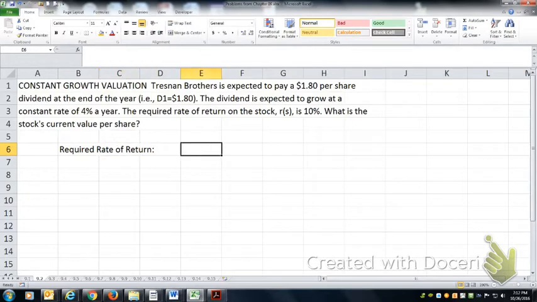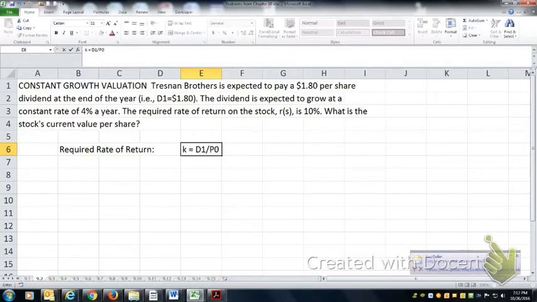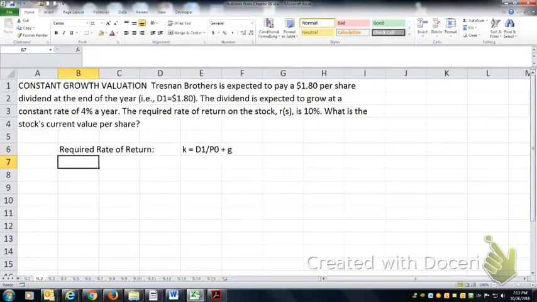And for that formula, K, the rate of return, is equal to the dividend yield, which is the dividend 1 year from now, divided by the price today, plus the long-term growth rate of the dividend, and that's G. And if you rearrange terms, you can also get the current value per share, or the current, call it fair price, based on these inputs.